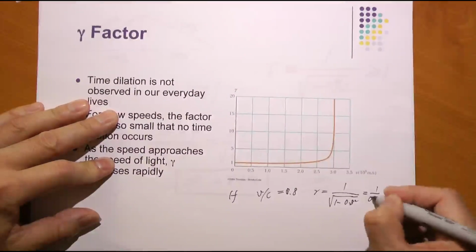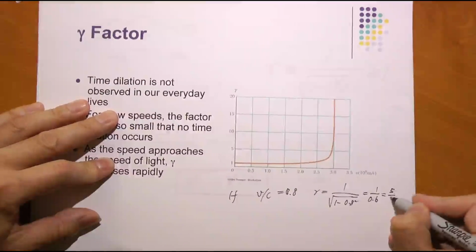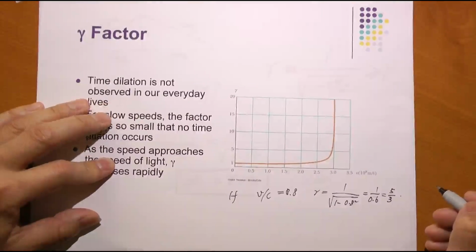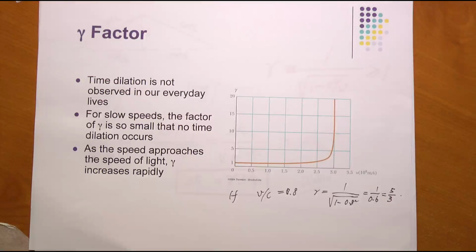This is 1 over 0.6, which I can write as 5 over 3. Gamma is 5 over 3. Therefore, if the time interval was 1 second between two heartbeats according to the astronaut, it's going to be 1 second times 5 over 3. It is almost 2 seconds.